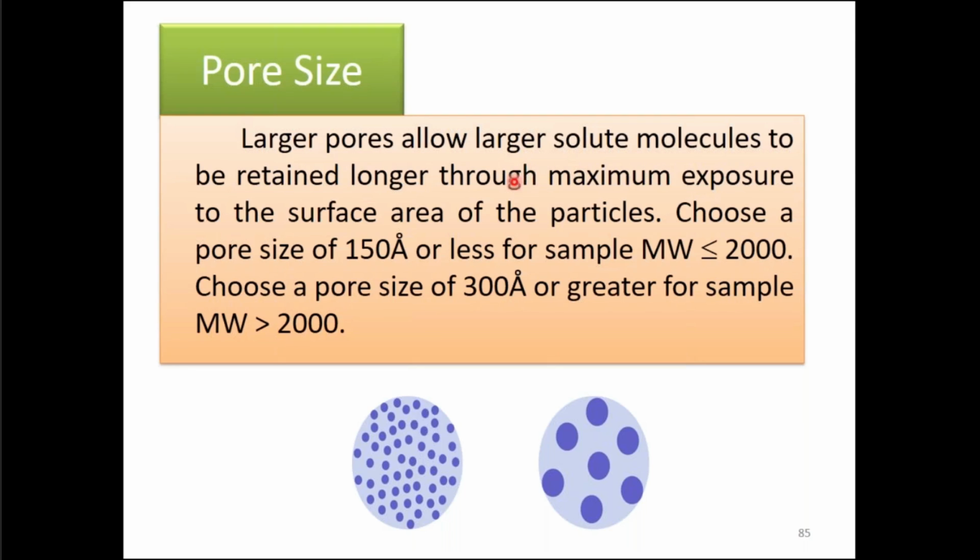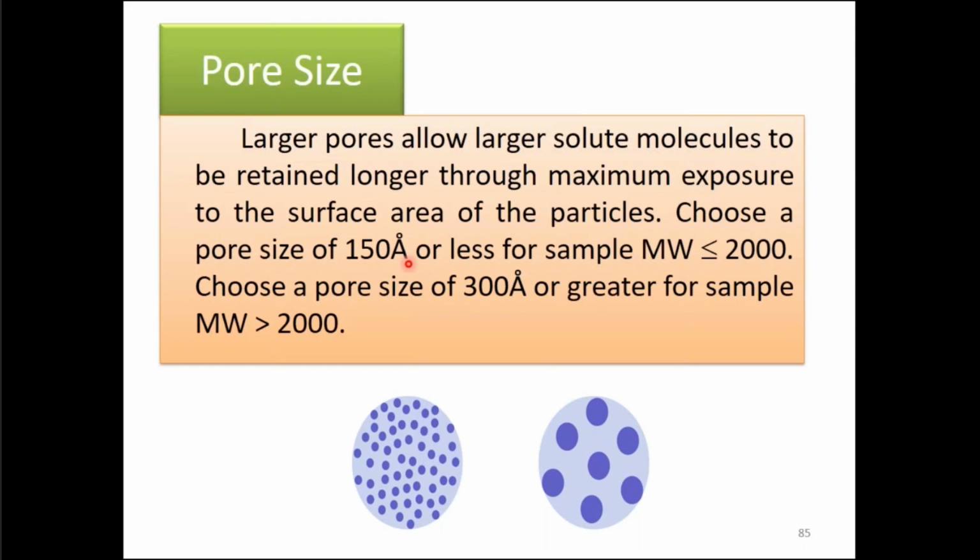So if your sample has large molecular solutes, then you will have to provide larger pores. And for that, the particles will have to be larger to give you larger pores. Then only there will be maximum exposure to the surface area of the particles, and a proper distribution can occur, and a distribution equilibrium is achieved within a shorter time.